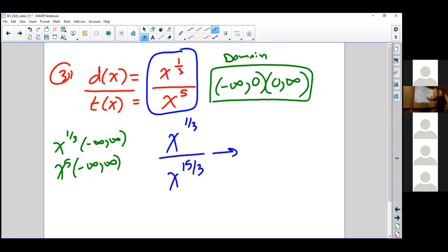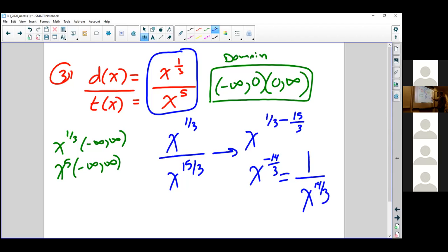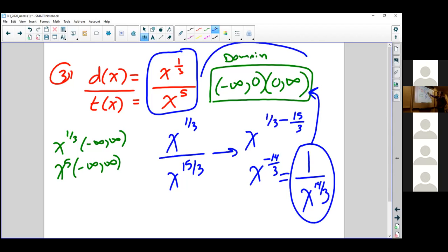And how I got 15/3 is 5 over 1, get a common denominator. Now I'm going to subtract. So I'm going to go x to the 1/3 minus 15/3, which gives me x to the negative 14/3, which then gives me 1 over x to the 14/3. So this would have been the finished problem. This finished problem has this as a domain.